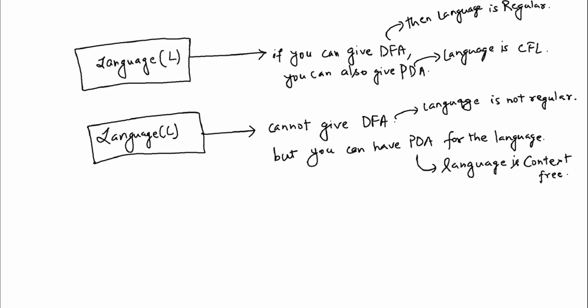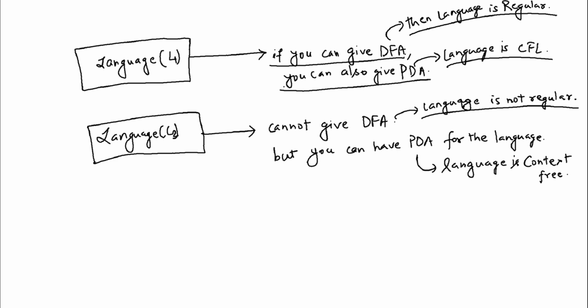So, if for a language L you can construct a DFA, then you can also construct a PDA. If you can construct a DFA, the language is regular. If you can construct a PDA, the language is a context-free language. This is your language L1 and this is your language L2. For the language L2, you cannot give a DFA, which means the language is not regular.